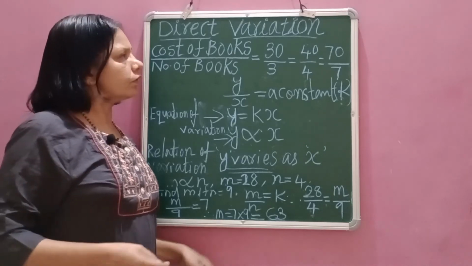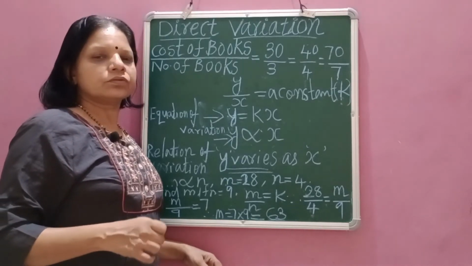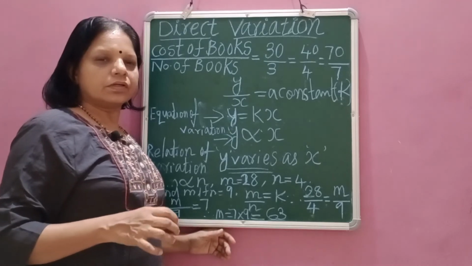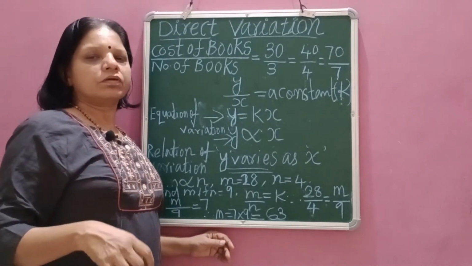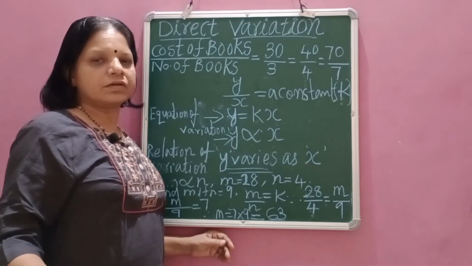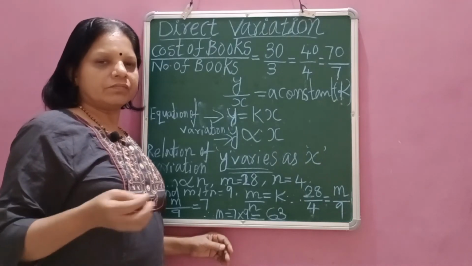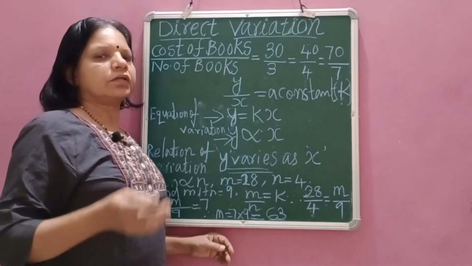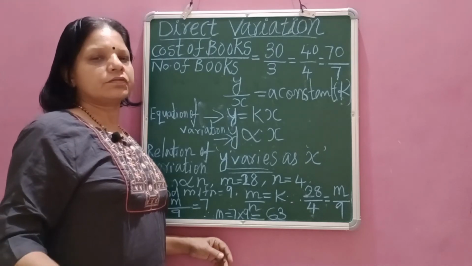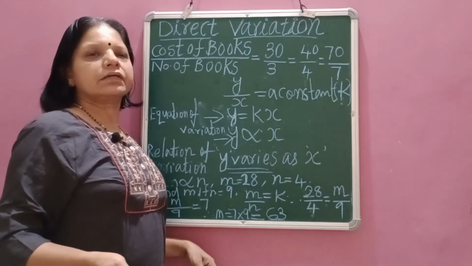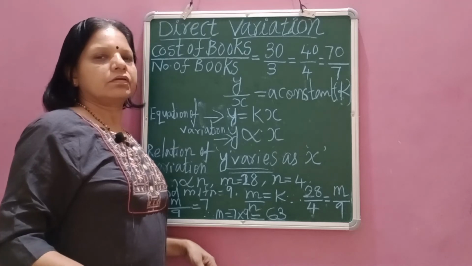So that is all about direct variation. When one quantity increases, the other quantity also increases in the same order. Or when one quantity decreases, the other quantity also decreases. That is nothing but direct variation.